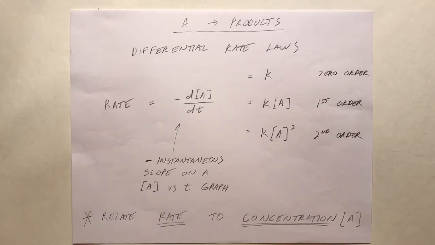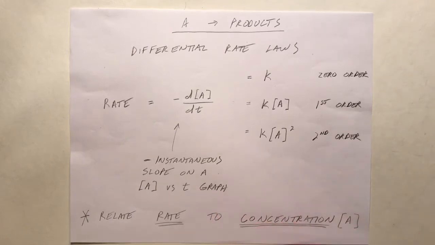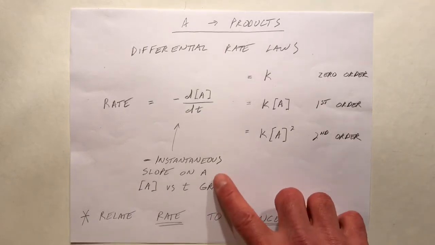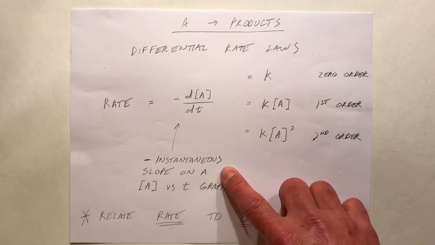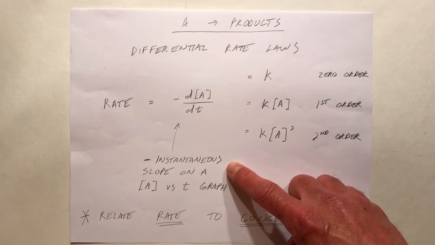Now, if you can't calculate a derivative in calculus, that's okay. You could graph out the concentration versus time graph. To get the instantaneous slope, or the slope at a point on the graph, you could draw a tangent on your graph, measure the delta y and delta x to that tangent line, and use that to calculate what the slope was at that point.